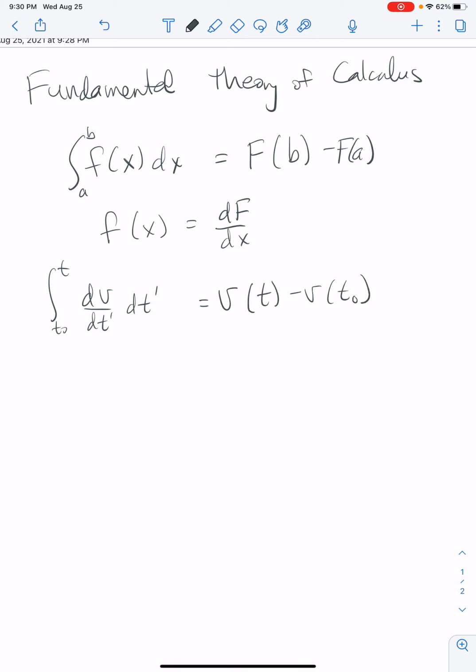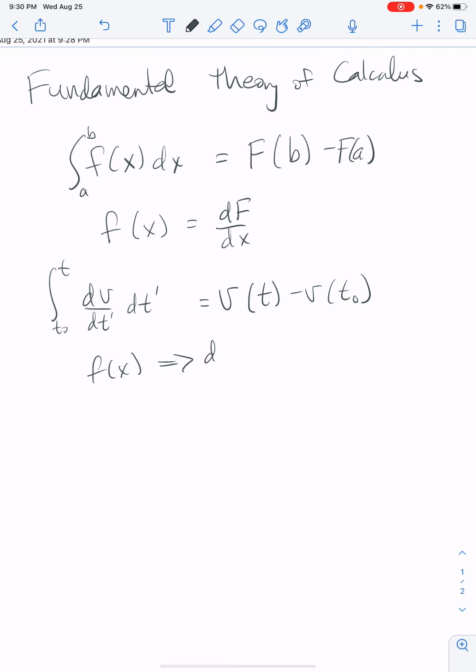By analogy here, the little f of x in this problem is dv/dt', and the big F is v of t. Okay, so that's one way of describing this question that we had in class today.